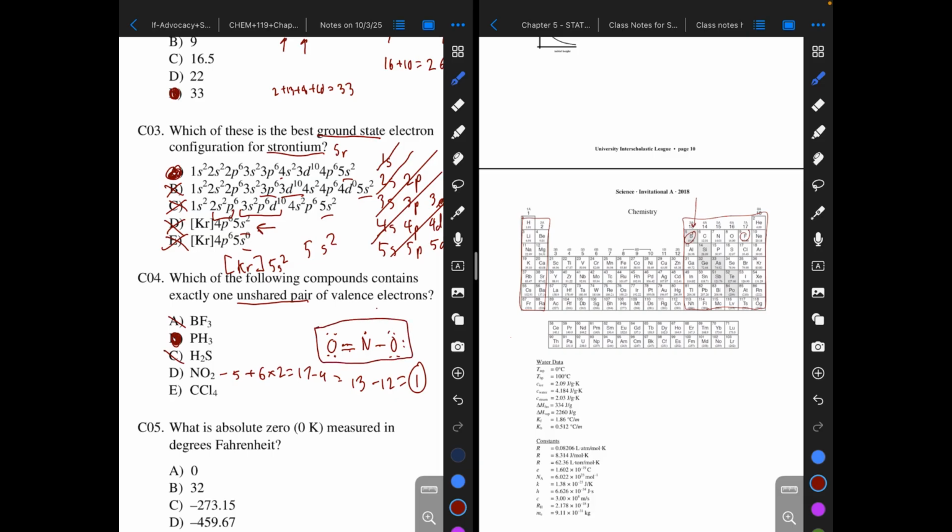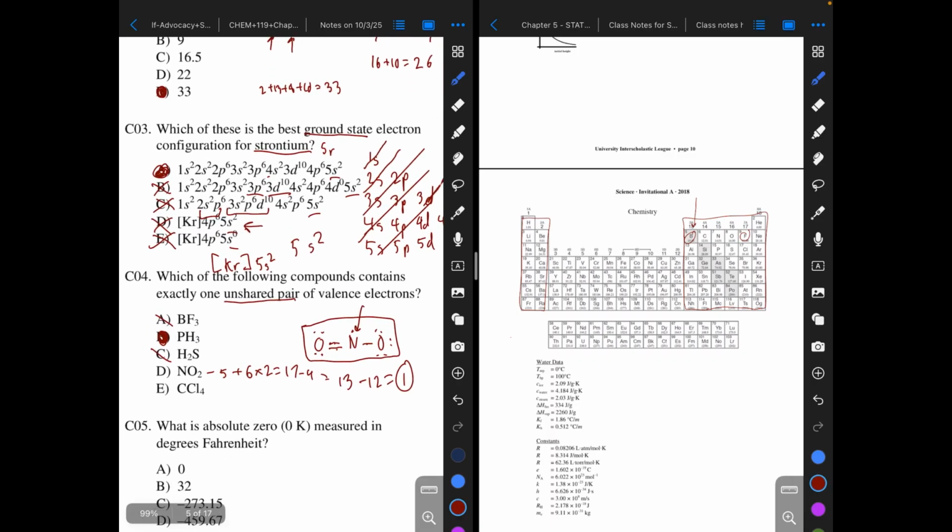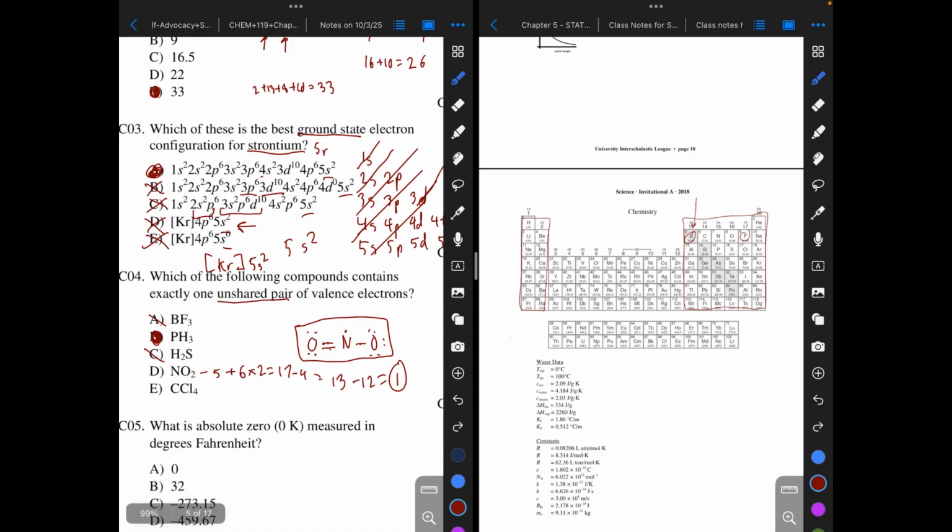And as you can see, because nitrogen needs 1 more electron, this is a property of NO2. It will try to take away an electron from an outer source. That's why the most common form of NO2 you'll see is NO2 with a negative sign, because that means it gained that last electron needed to form the octet. And by the way, this is the polyatomic ion known as nitrite.